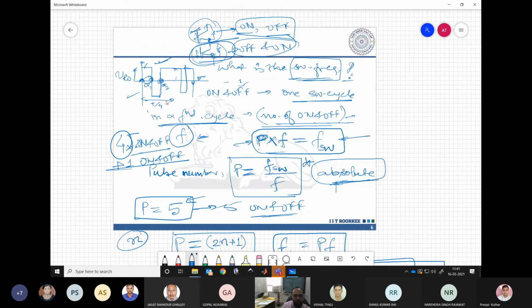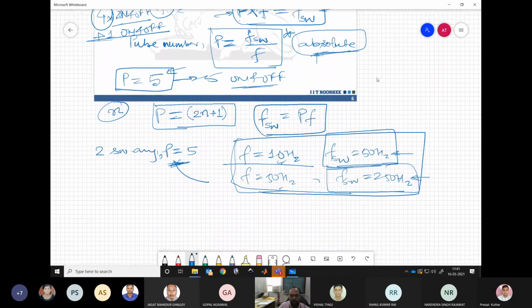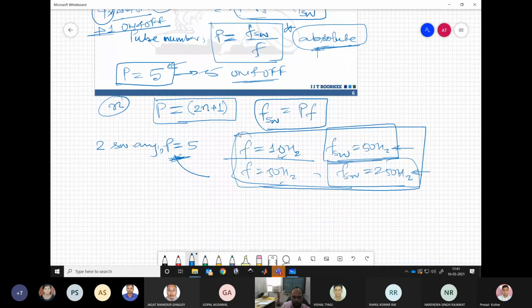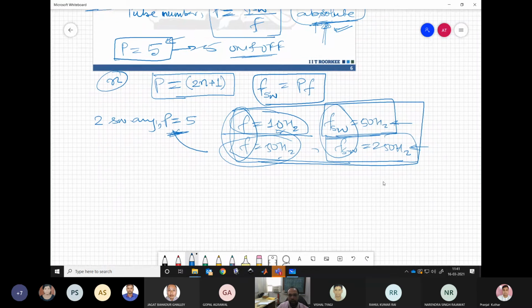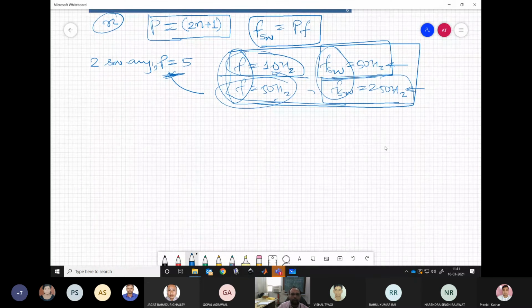The angles in themselves may change, the values of the angles may change, but the properties associated with this alpha 1 and alpha 2 are not going to change for the complete range of fundamental or complete range of switching frequency. So that is why I say this is a more absolute term. Whether you are analyzing that waveform for 10 Hz or 50 Hz, the properties are going to remain the same. So our analysis is kind of generic. We are not dealing with something where we need to change our analysis again and again.